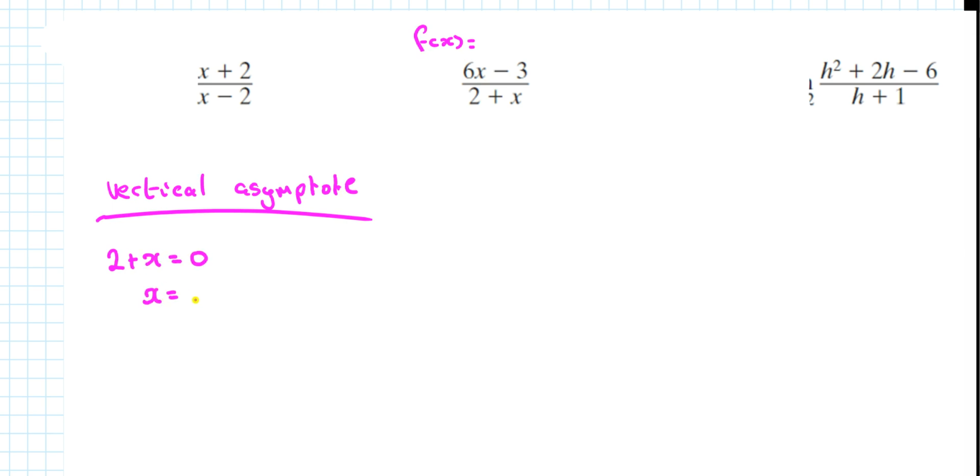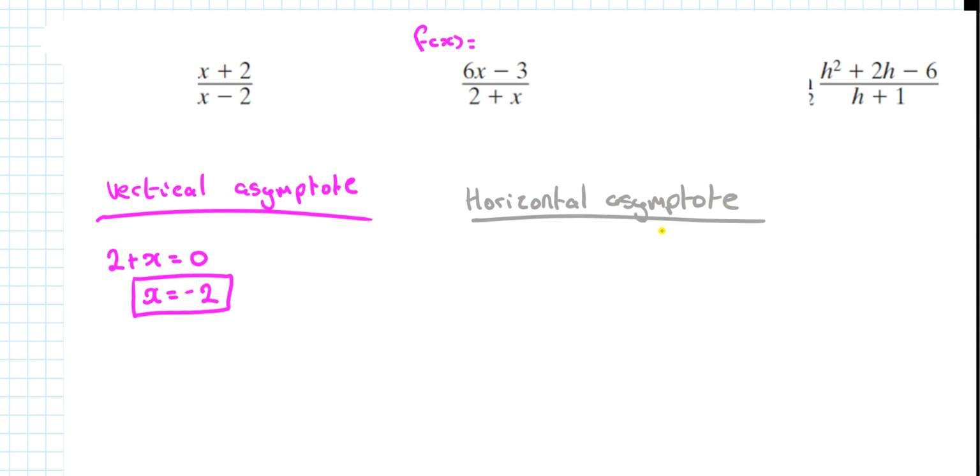And then I would find x equals minus 2 is the vertical asymptote. If I want to find the horizontal asymptote, I would say the limit as x goes to infinity of 6x minus 3 over 2 plus x.